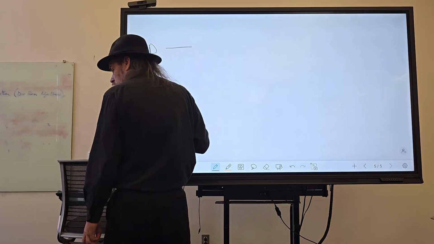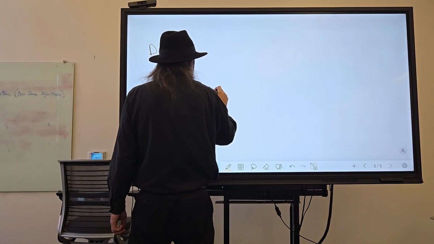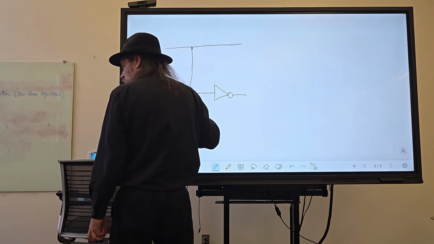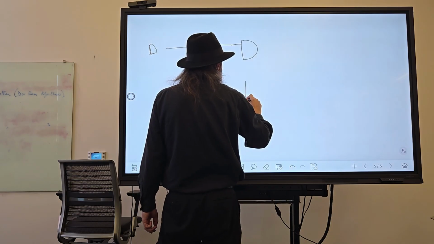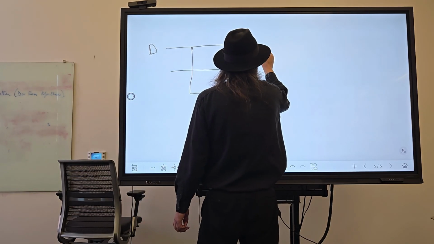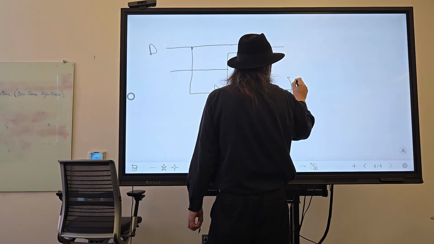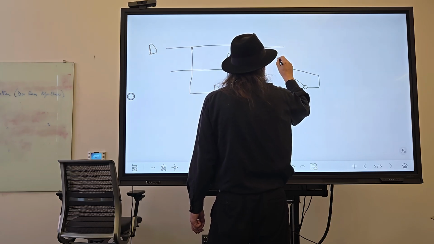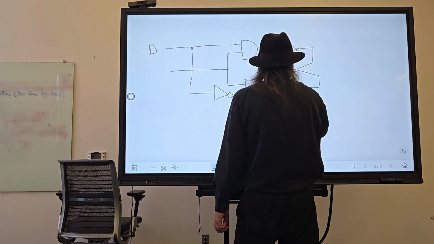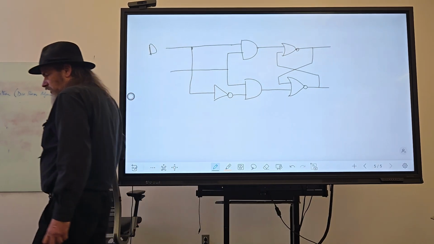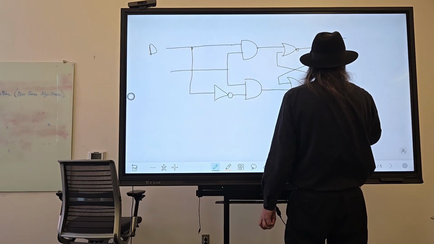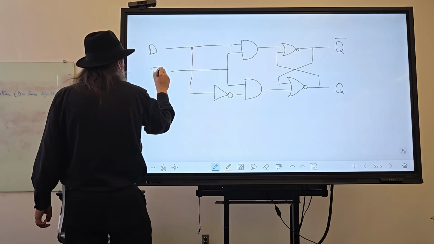And that's Q bar and Q. And this is enable.